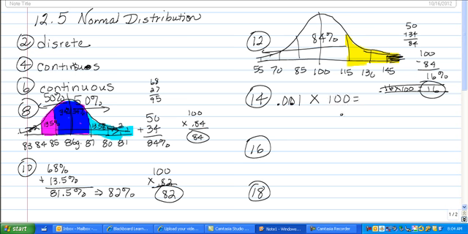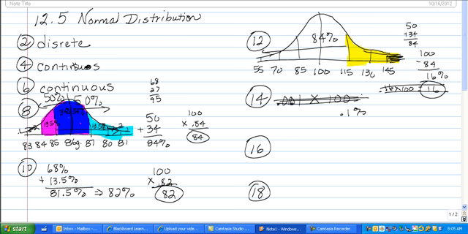It's going to give us 0.1. That's right, we're supposed to leave it as a percent, 0.1%. So it's a very small number. In this case, 0.1% of 100, we wouldn't even get a person since we only have 100 to start with. Actually, they don't tell us how many people.